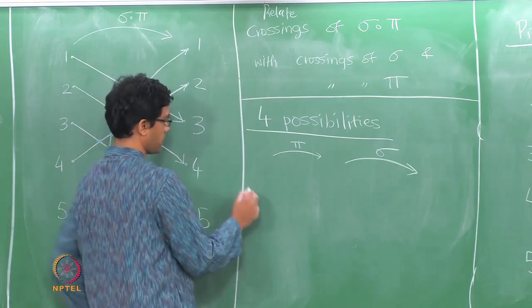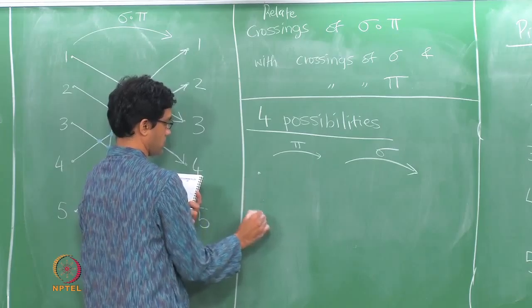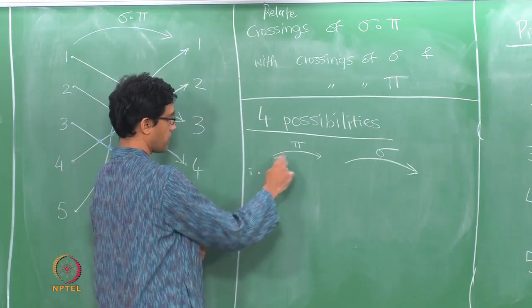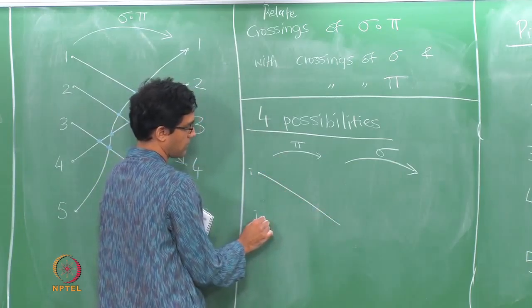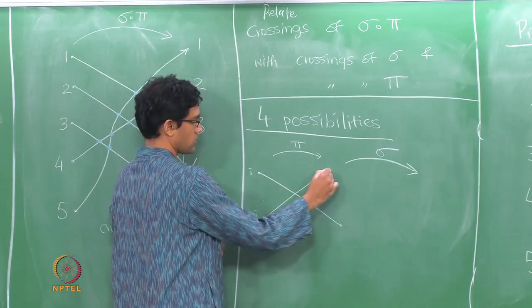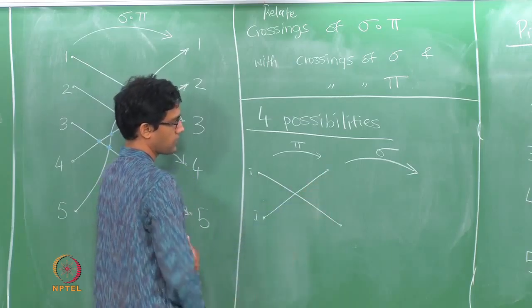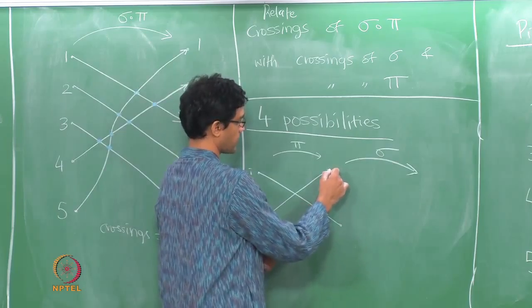Now here is what could happen. I could have say 2 numbers i and j here, which under pi give me a crossing. So pi of i maybe maps to something large, j maps to something small, so therefore these 2 lines cross each other. And now I have 2 resultant numbers here, which I need to further map under sigma, and maybe sigma does the same thing to them.